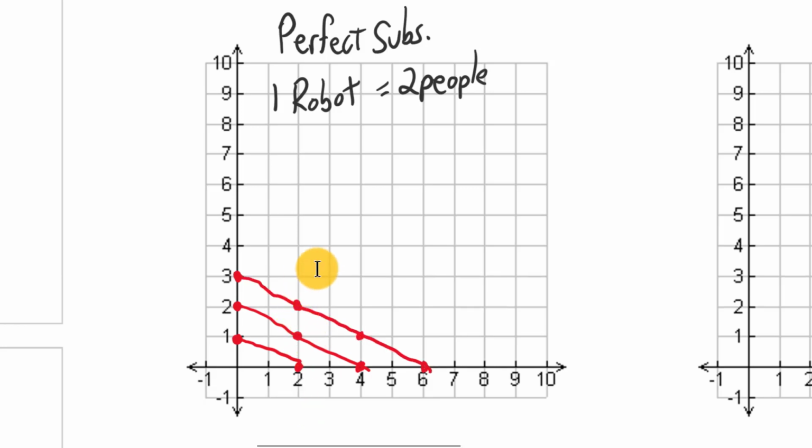Perfect substitutes means that there's no curvature to the isoquants, that you can smoothly, perfectly substitute every time. Lose 1 robot, substitute 2 people. Lose 1 robot, substitute 2 people there. So the marginal rate of technical substitution, always constant.